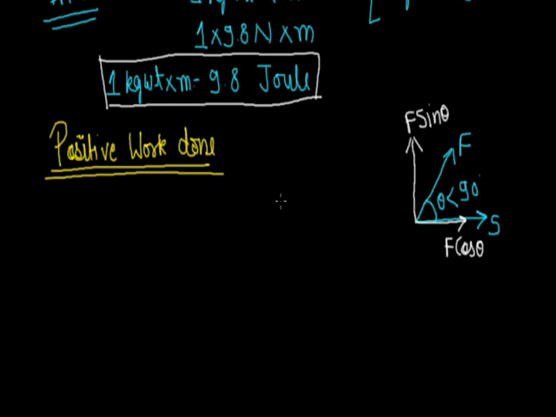On the other hand, since the vertical component of force is perpendicular to the displacement, the work done by this vertical component will be 0. So the net work done in this case is positive. So we can say when the angle between force and displacement is acute, meaning theta is less than 90 degrees, the net work done will be positive.